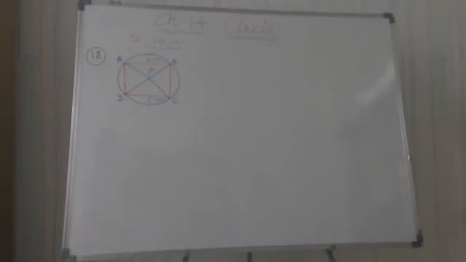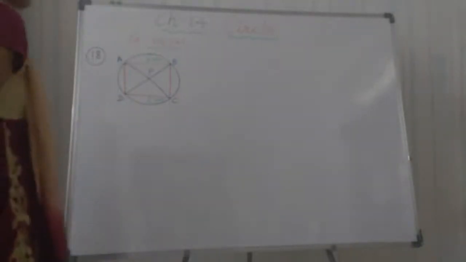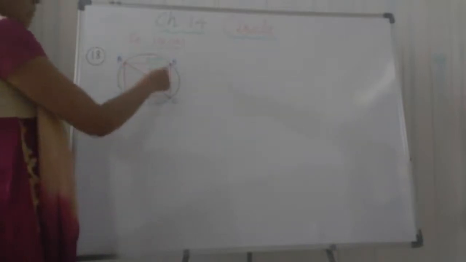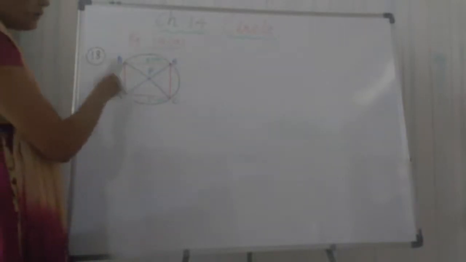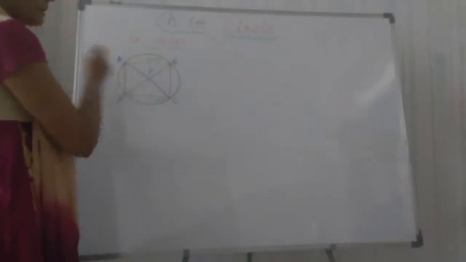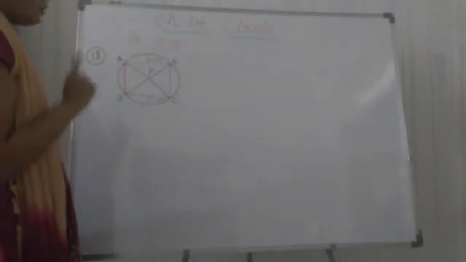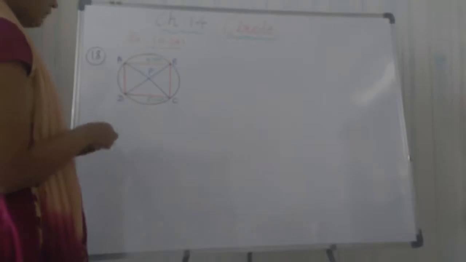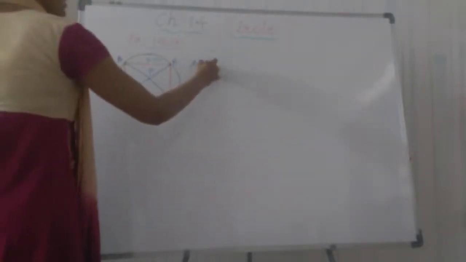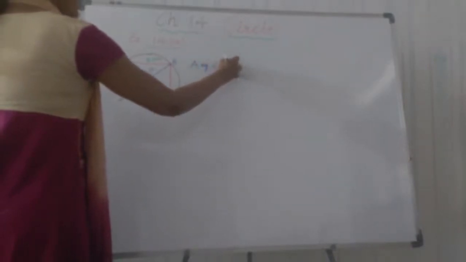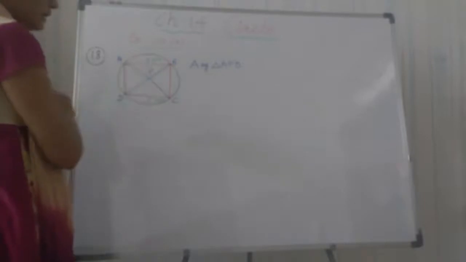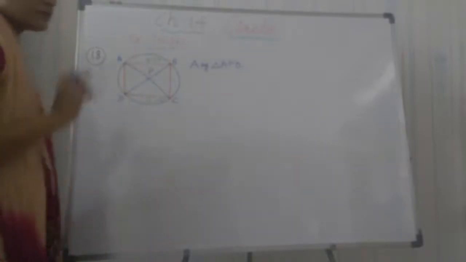Now continuing with question number 18, exercise 14A. Here we are given this circle and ABCD, a cyclic quadrilateral, and AC and BD intersect each other at P. Also in the question we are given the area of triangle APB as 24 cm square, AB's side is 8 cm and CD is 5 cm.